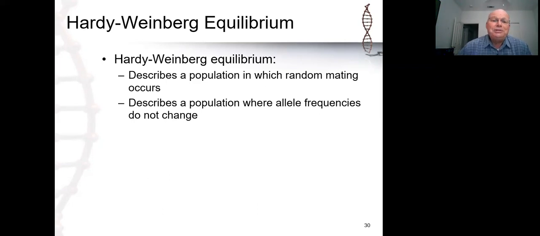So when he next encountered Hardy, he explained his problem to Hardy, and Hardy sat down for half an hour in the cafeteria writing on the back of a paper napkin what became known as the Hardy-Weinberg equations, because Weinberg developed exactly the same set of equations independently from Hardy. I have a pretty good idea about how Hardy went about doing it, so it's probably pretty much the same for Weinberg as well. So the next slide is a blank slide.